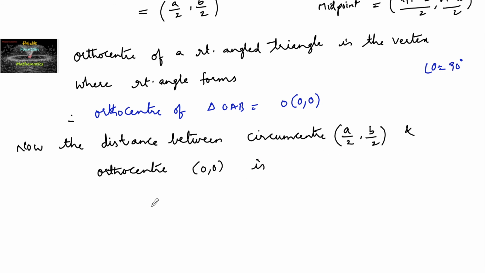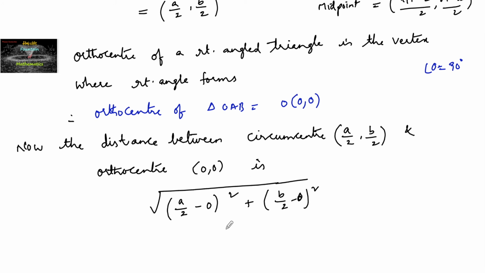is given by the distance formula, under root of (x2 minus x1) whole square plus (y2 minus y1) whole square. So we can write here (a by 2 minus 0) whole square plus (b by 2 minus 0) whole square, or we can write (0 minus a by 2) whole square plus (0 minus b by 2) whole square also. So which is equal to under root of a by 2 whole square, which is a square upon 4, and b by 2 whole square, which is b square upon 4.